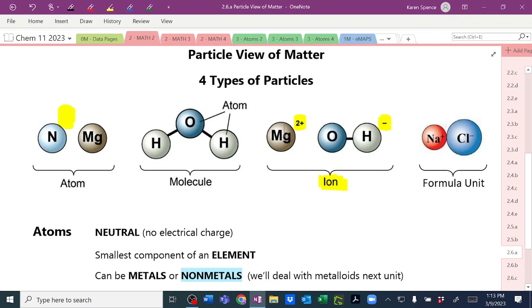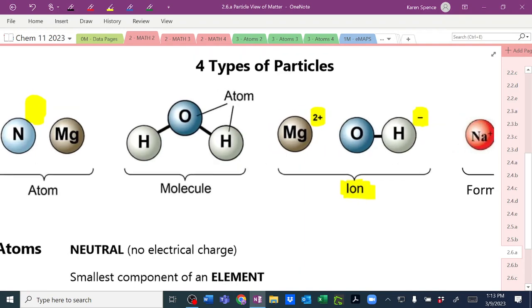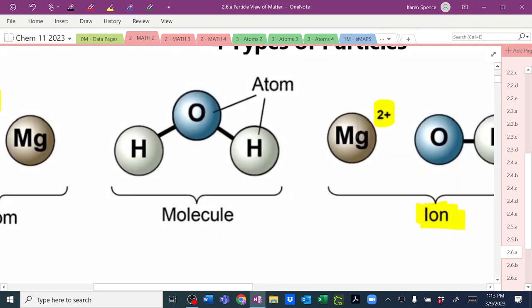So atoms are neutral. Just by looking at this picture of a molecule, what could you say about the charge of a molecule? Tell your partner what you think. Does a molecule have a charge, or does it not have a charge?